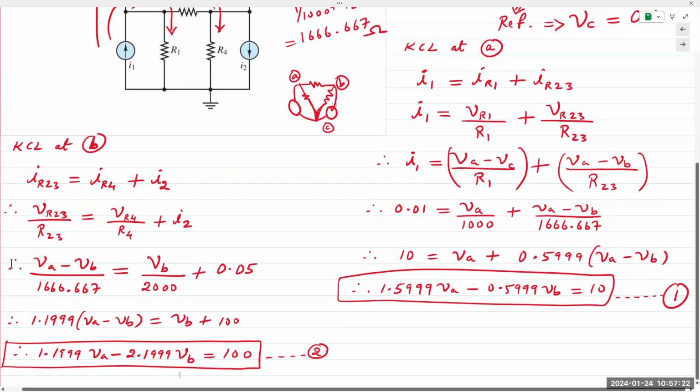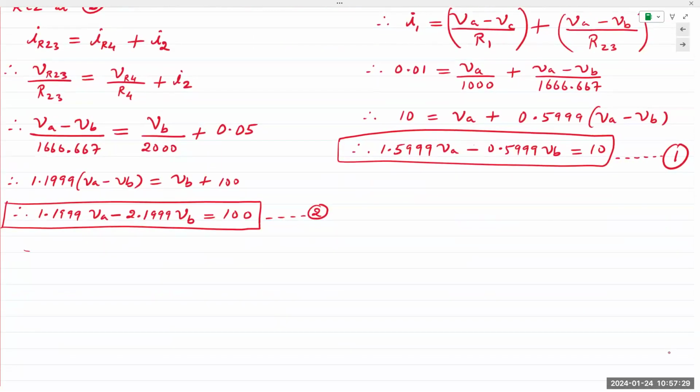Okay, go ahead and solve using any method you want. You can solve using a calculator, or like me, you could solve it manually by hand.